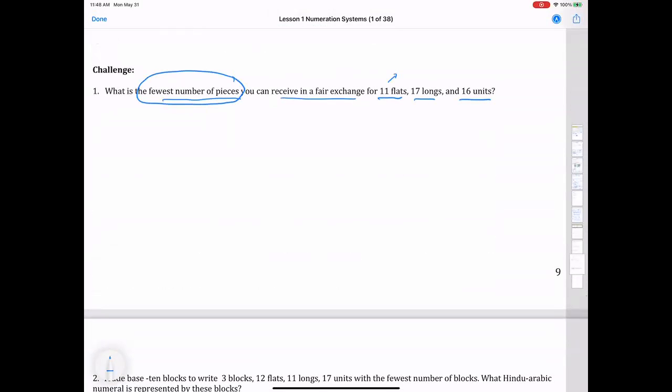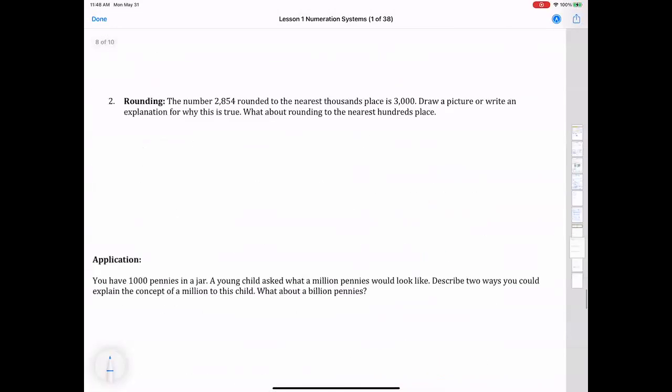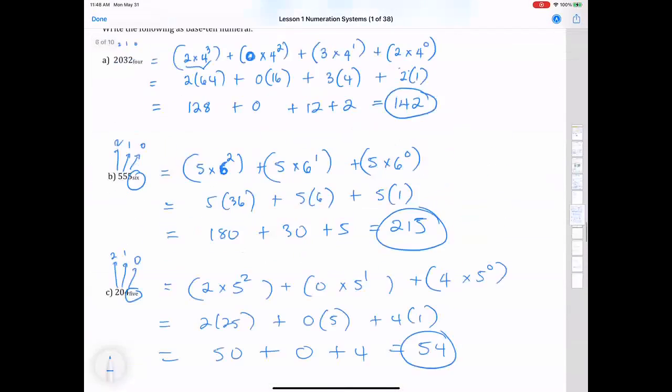Like a flat is 10 units, right? So since you have 11 flats and you're not allowed to use 10 or more of this, then you could trade 10 flats for one, what do you call that? That 100 unit thing.